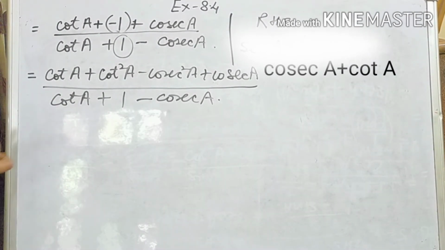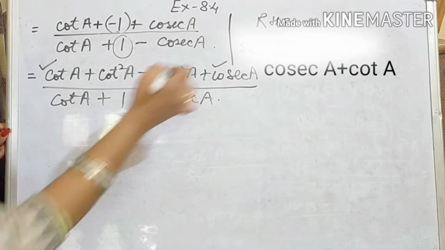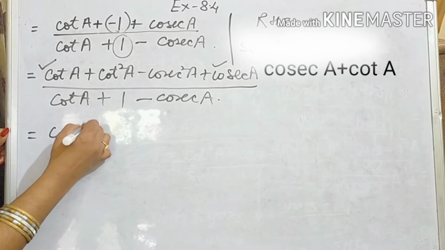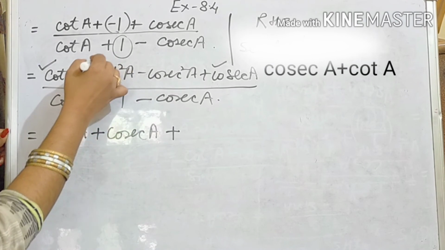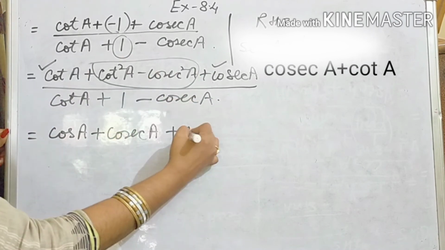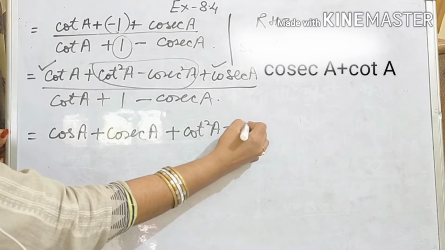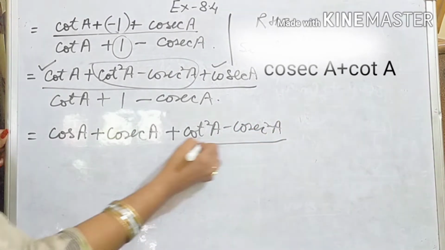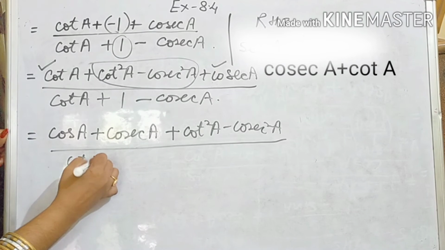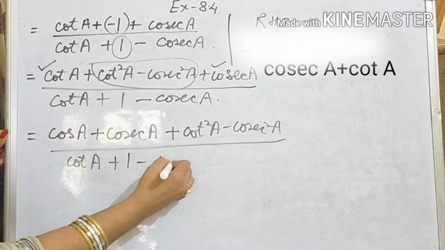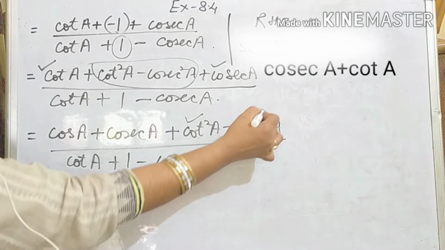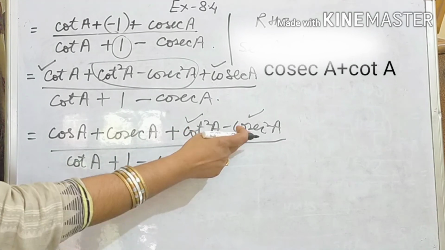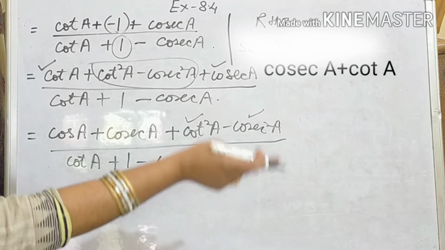Now what you have to do is collect these two terms so that I can apply the identity in the next two terms. That means in these two. So this is cot square a minus cosec square a. Can you tell me the identity for a square minus b square? Yes, a square minus b square. Where can I apply that? Here I can apply that. A square minus b square is a minus b into a plus b.